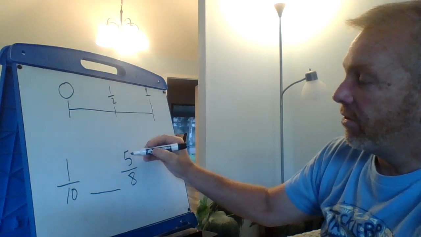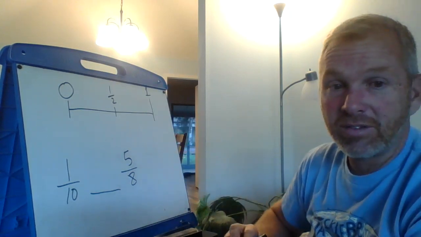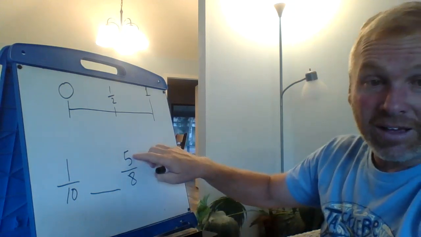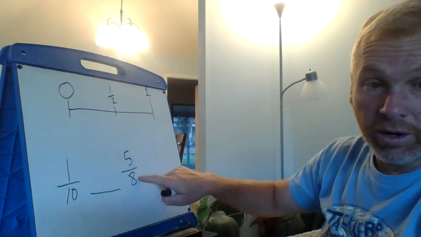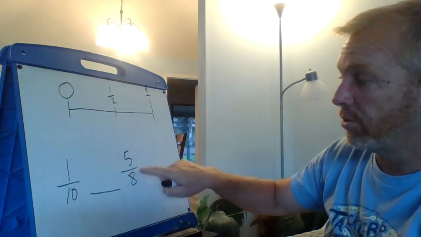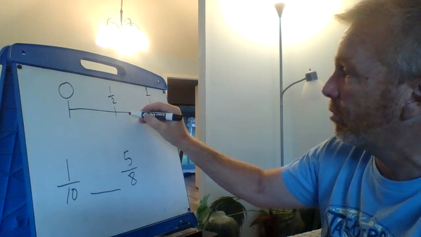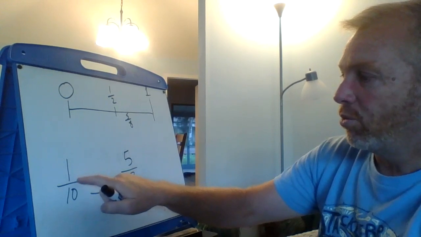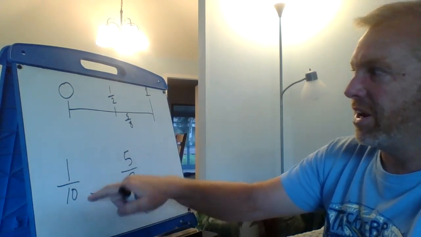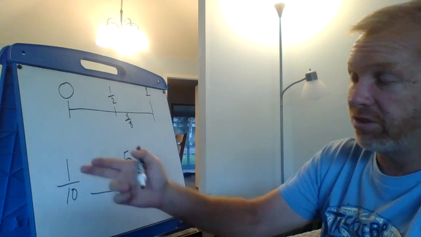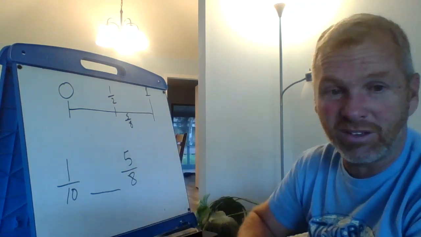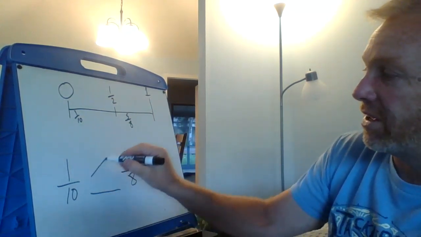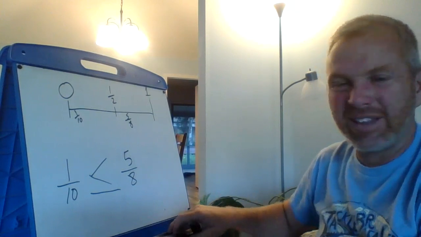Now I'm looking at 5/8. I know that 5 is more than half, because half of 8 would be 4, so it would be somewhere on this number line, a little over half. And 1/10 is not anywhere near half, because half of the tenths would be 5/10. So that'd be 1/10. So I know that 1/10 is definitely less than 5/8.